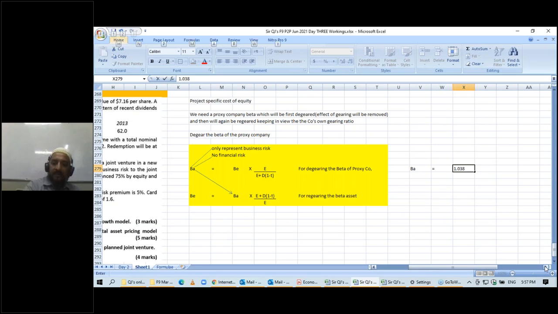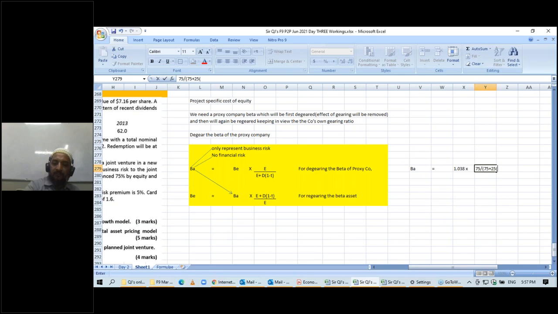And we will multiply it by 75, which is the equity percentage of the proxy company, then divide by 75, which is equity, plus the debt.